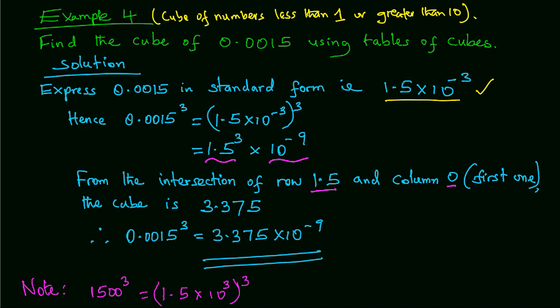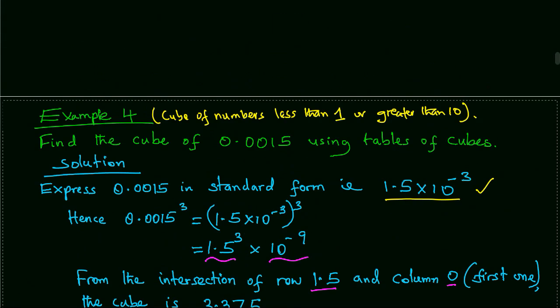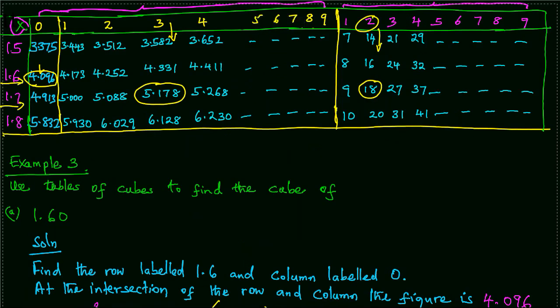From the intersection of the row 1.5 and column 0, the cube provided in the table is 3.375. So for 1.5, column 0, we have 3.375.